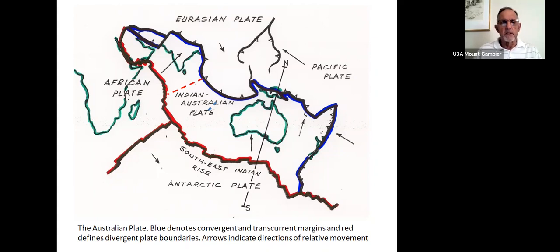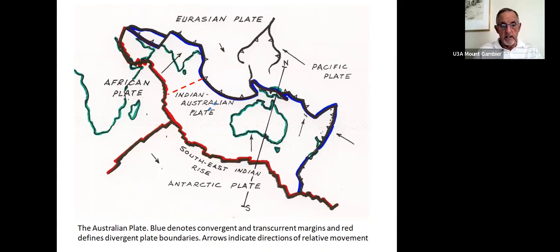It's believed today that a new plate boundary is developing from Sumatra across to the mid-Indian Ocean, as shown there in dotted red. And India is effectively excluded from the so-called Indian-Australian plate today.